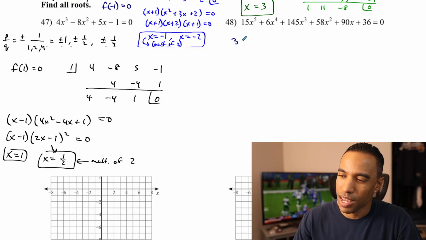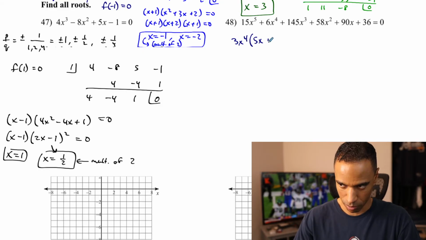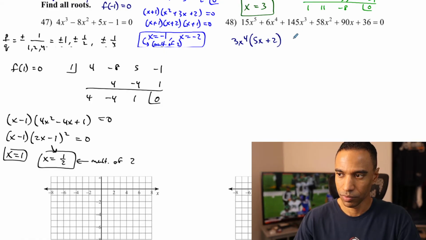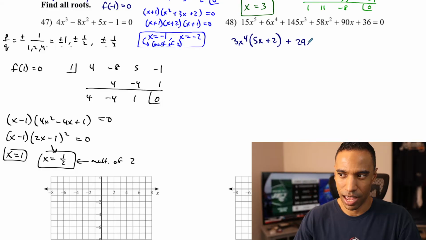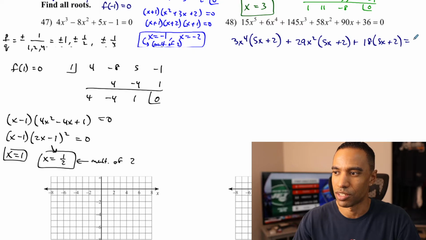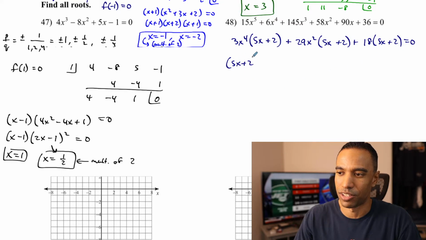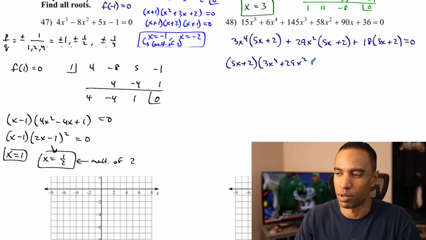So 3x to the 4th leaves us with 5x plus 2, plus, I think it's 29x squared. 29 times 5 is 145. So 5x plus 2 and plus, let's just hope that works, 18 and 5x plus 2. It does. All right, there's a good start. So 5x plus 2 is a factor, as well as 3x to the 4th plus 29x squared plus 18 equals 0.